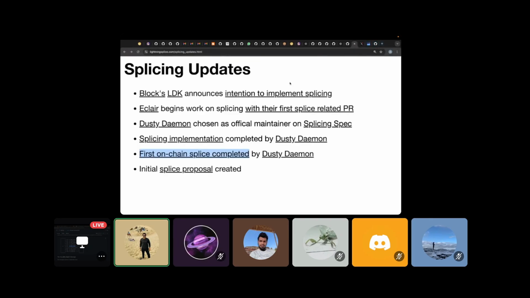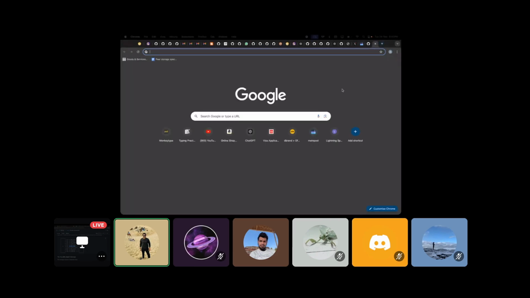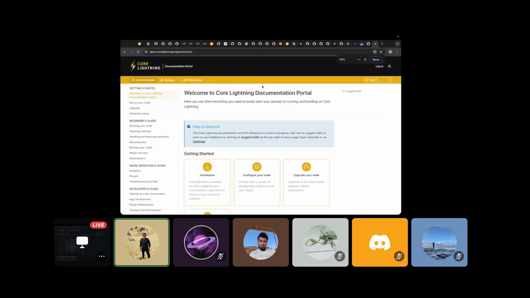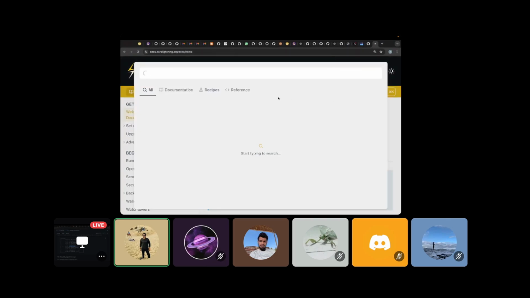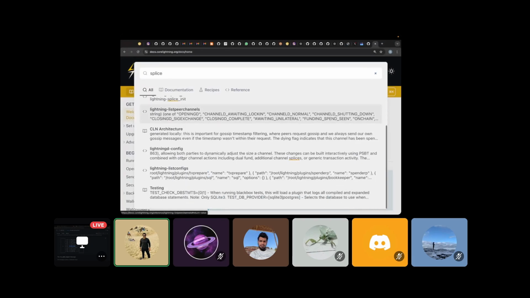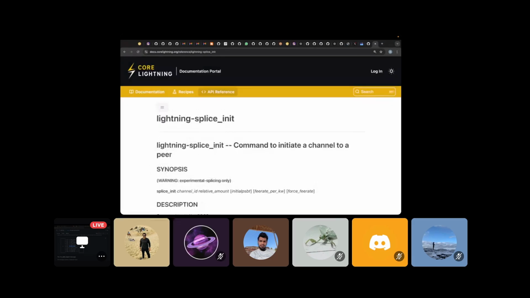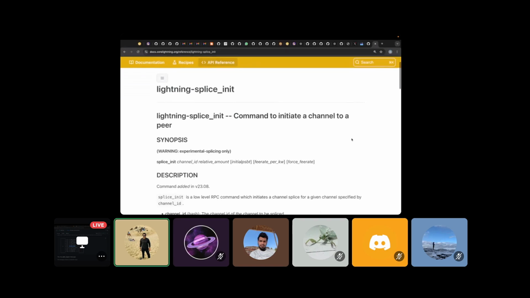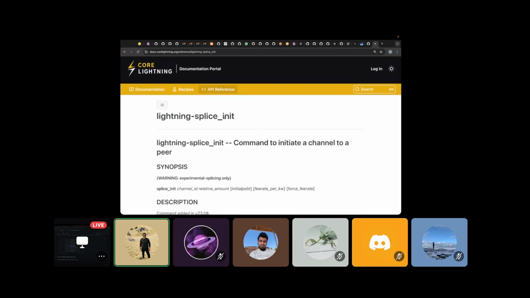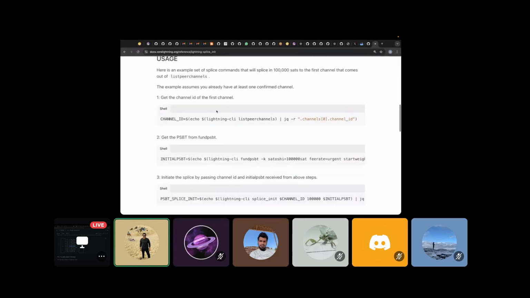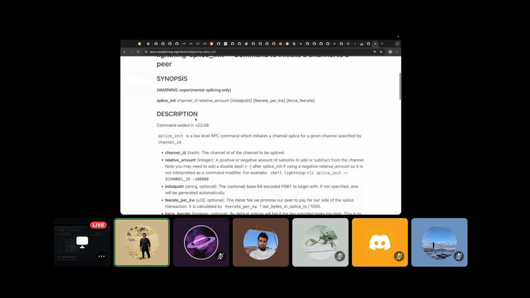Core Lightning has an experimentation with splicing inside it. Let's search and see. Yeah, so they have these RPCs to initiate splicing. Okay, so you will have to do it manually. You will have to run these commands manually on your CLN node.